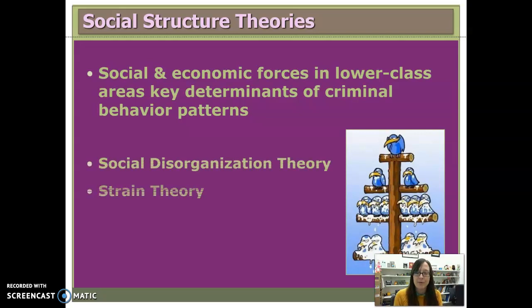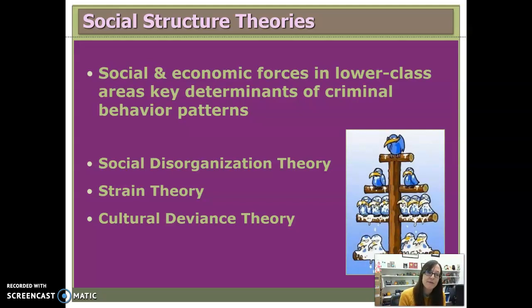So the three major theories when we're talking about social structure theories are social disorganization theory, strain theory, and cultural deviance theory. Social disorganization theory is about the conditions within the urban environment that affect crime rates. The more social disorganization that exists, the more crime that will happen within a neighborhood, an area, city, wherever.